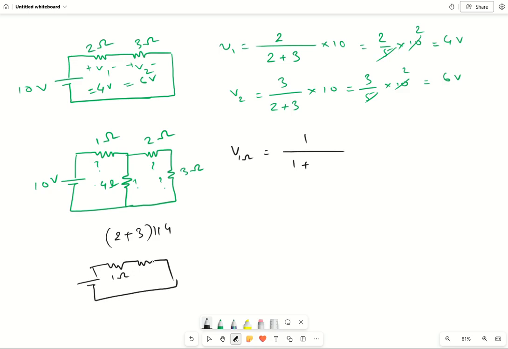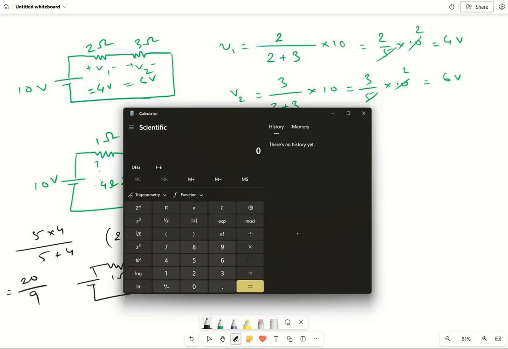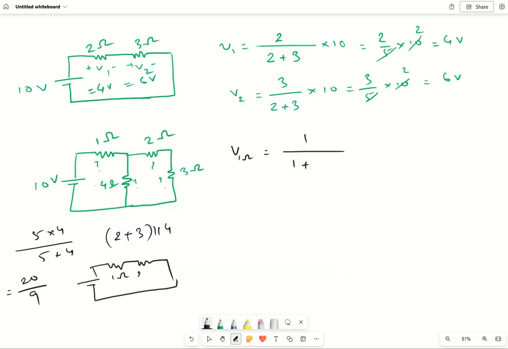Now this will be 1 ohm and the remaining is 5. 5 parallel to 4 is 20 divided by 9, which comes out to be 2.22 ohm.